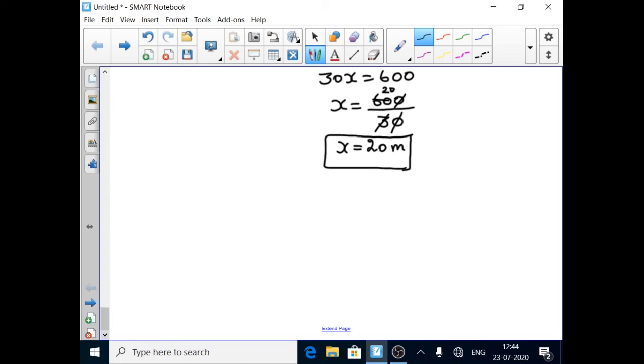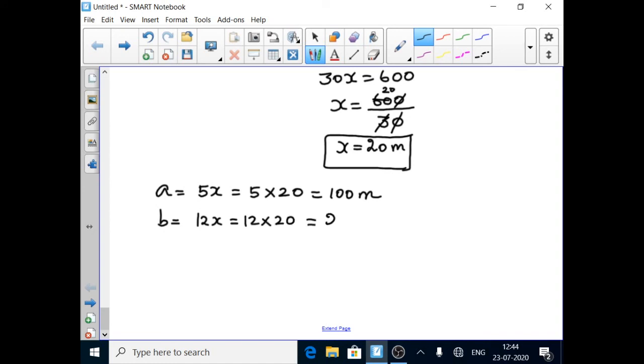Okay. Before that, we can find the ABC values. A is equal to what here? 5x. So 5 into 20, you will get 100 meter. Okay. Then B is equal to 12x. So 12 into 20, 240 meter. Then C is equal to 13x. So 13 into 20, you will get 260 meter.